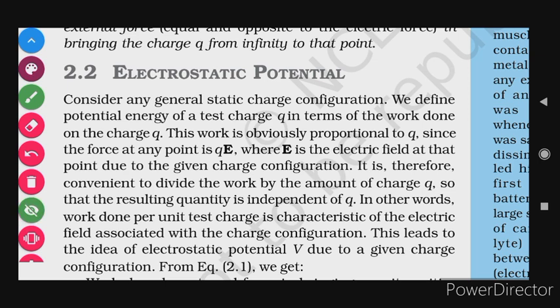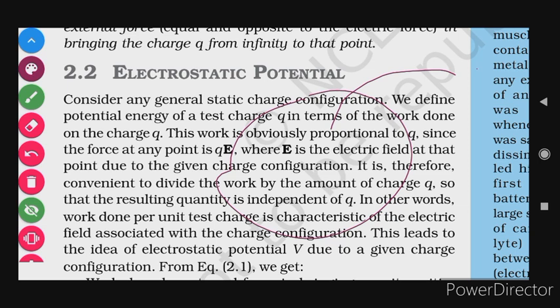Consider any general static charge configuration. We define the potential energy of a test charge q in terms of the work done on the charge q. As I told you, potential energy is the work done in bringing the charge from one point to another.